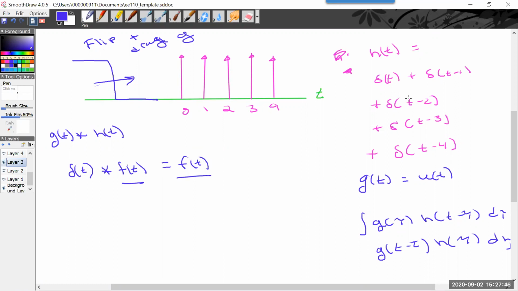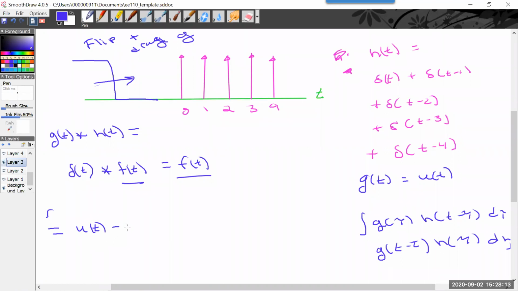Now, all we have, though, are the delta functions that haven't been scaled. It's all by one. So all we have is these delayed things. So in this example, since we have a u(t) convolved with a delta, we have a u(t).